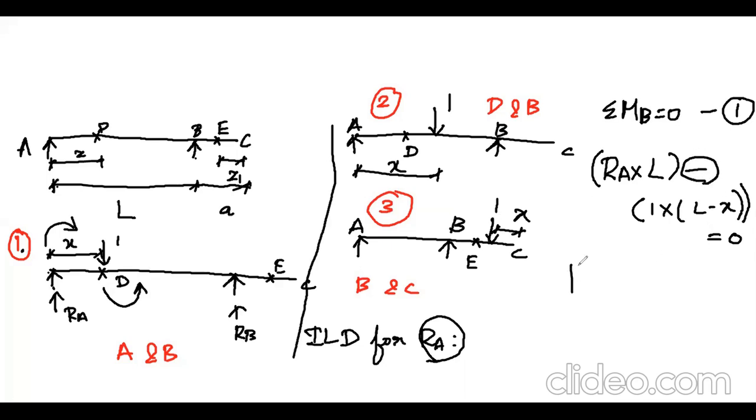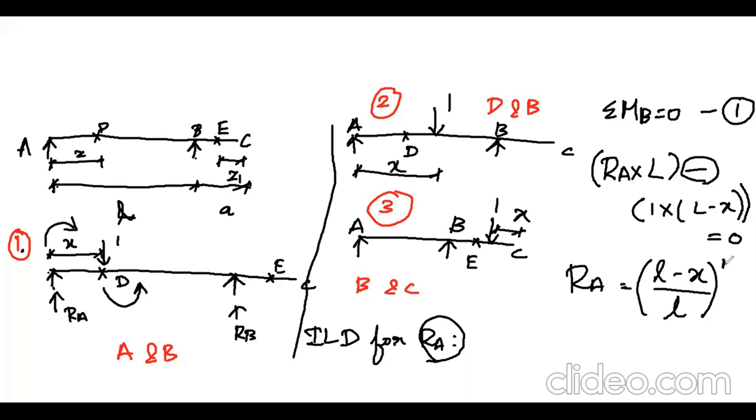So the value of RA will become L minus X. For my convenience I am writing this span capital L as small l. If you wish you can follow that, or you can follow by keeping it as a capital L itself. So RA equals L minus X divided by L. The power of this is 1.